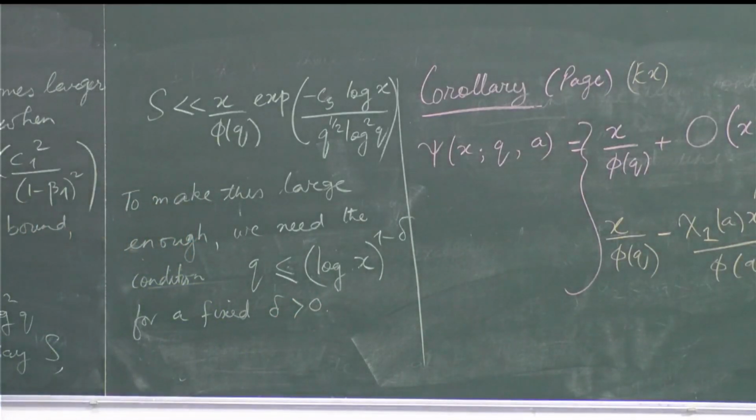Now that is bad. I mean, to make q less than log x to the power 1 minus delta, no one can say that that's a good bound. Yeah, it's a big constraint. Okay, so the theorem as it stands here has this big constraint.